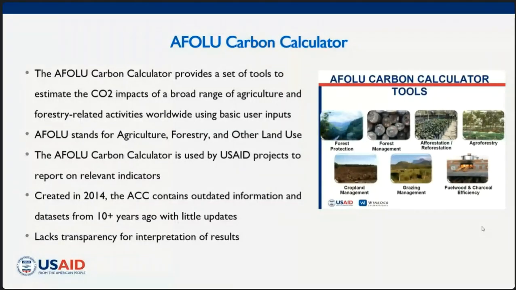So while this is definitely a good initiative, a good thought to move forward with, I will also note that because the carbon calculator was created in 2014, some of the information that is being pulled from, in cases such as the existing biomass in an area or maybe occurrences of fires, is now a decade old.